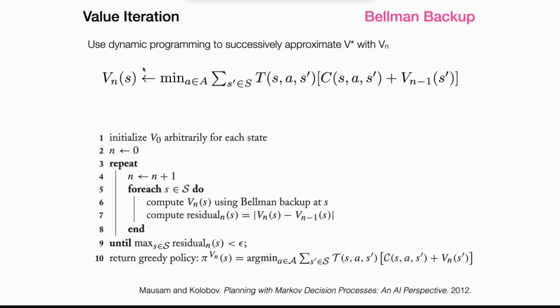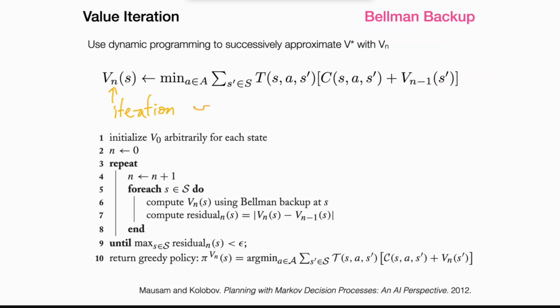The key thing here is that our value is parameterized by this subscript n, which is the iteration number, where iteration means loop.